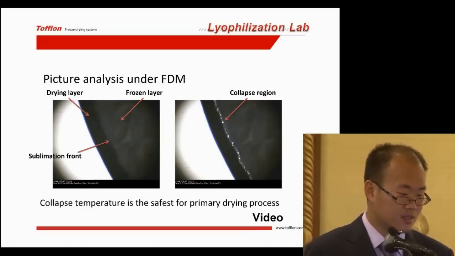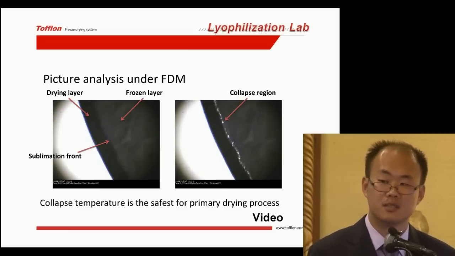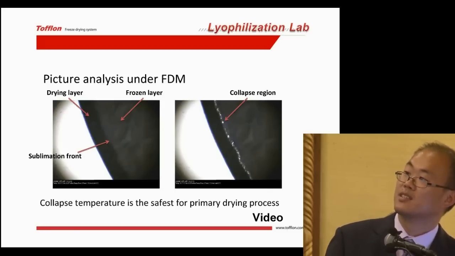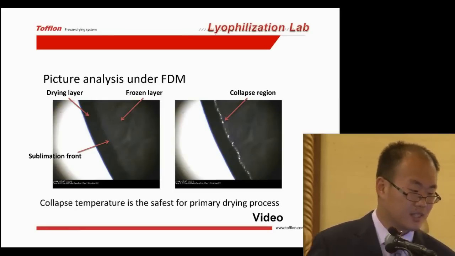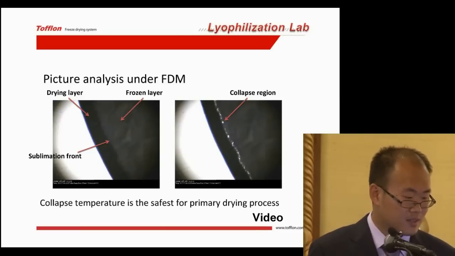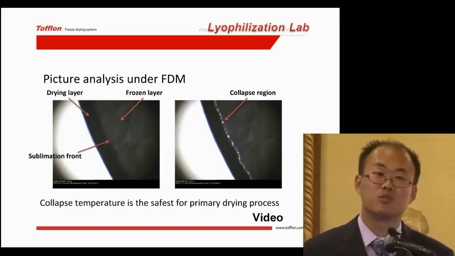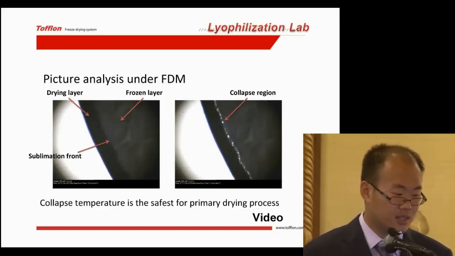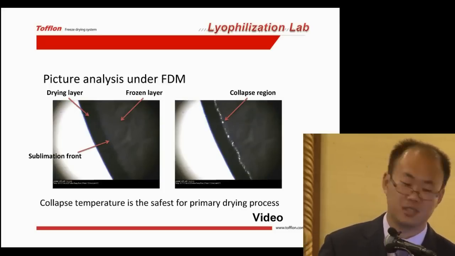Now the light black layer is the frozen layer. When we go into the drying process, two layers appear, and there is a sublimation front. Now you can see this sublimation front.